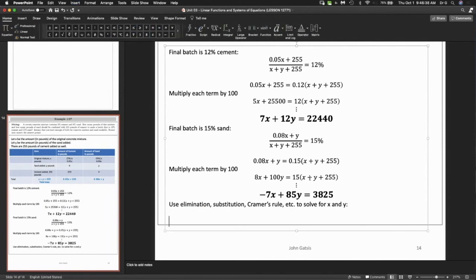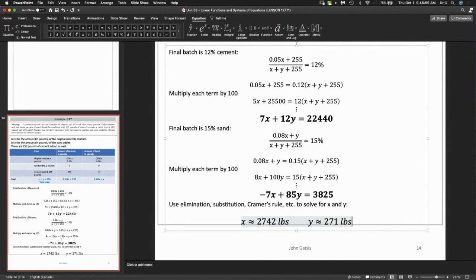Full solution is available on Blackboard after you write your quiz today. You should get x is approximately, to the nearest pounds, 2742, and y is approximately 271 pounds.